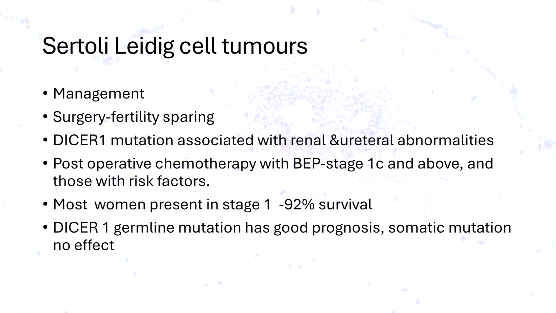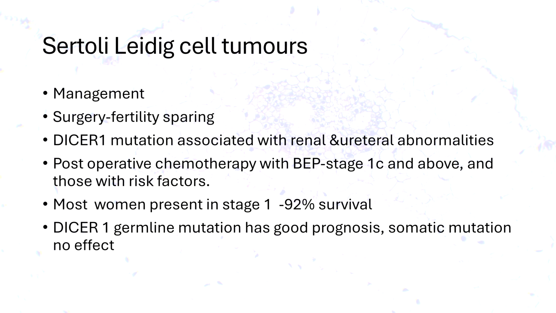Remember, DICER1 mutation is associated with renal and ureteric abnormalities, and during surgery, care should be taken not to injure these structures. Postoperatively, from stage 1C onwards, women require chemotherapy, and the preferred regime is BEP.